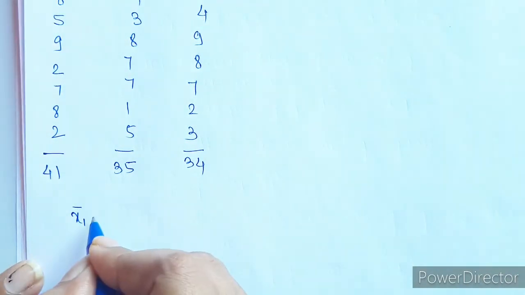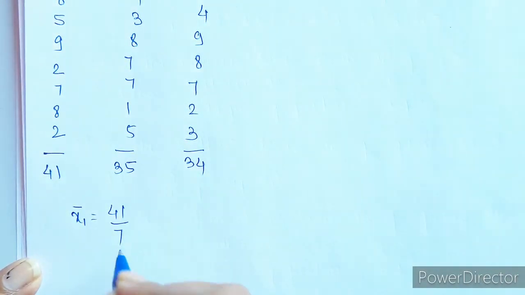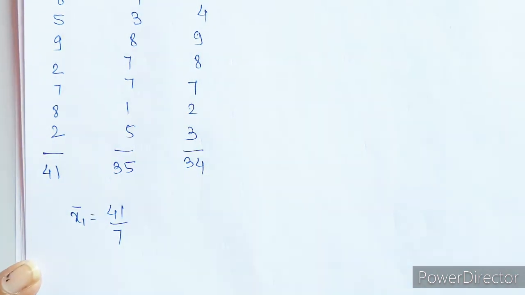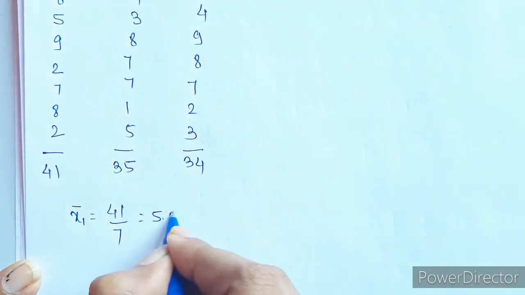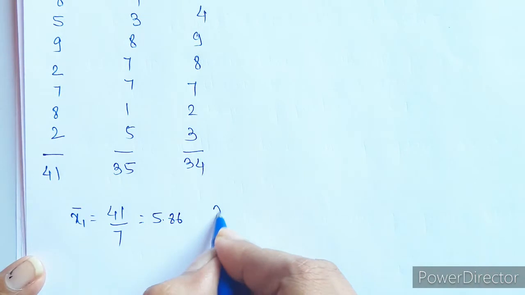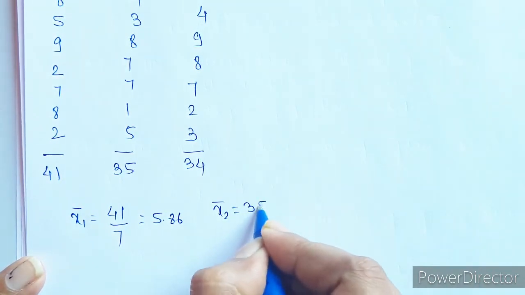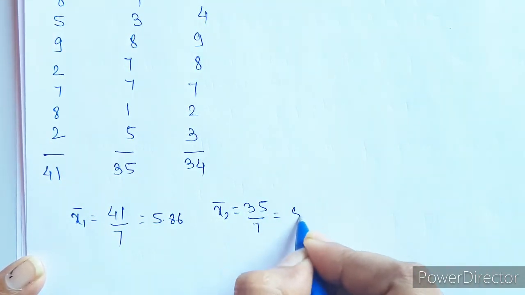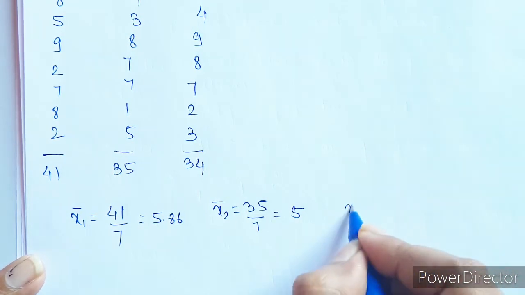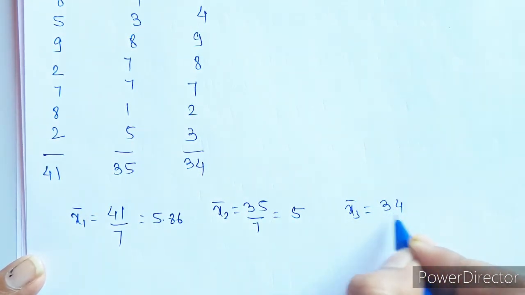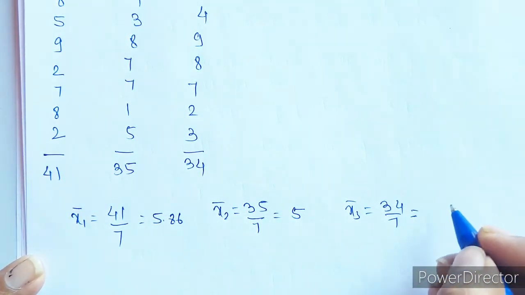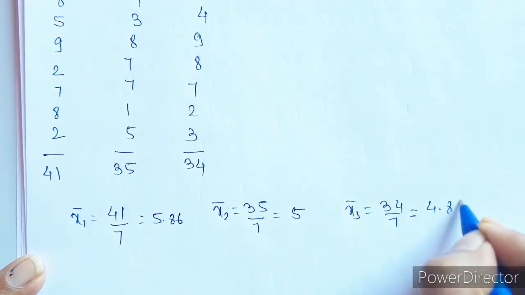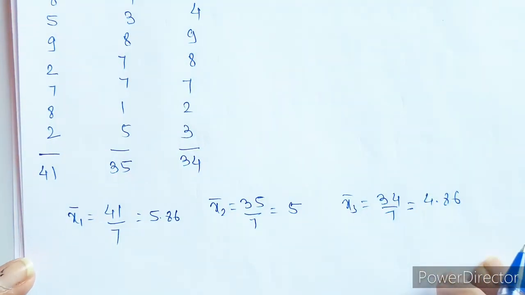So first is x1 bar, it is 41 upon 7 which is equals to 5.86. Mean of second class 35 upon 7 which is equals to 5 and mean of third class is 34 upon 7 which is equals to 4.86. So we got mean of all 3 classes.